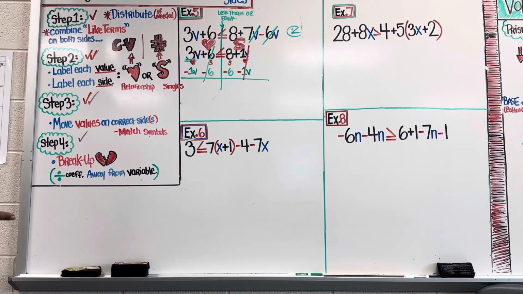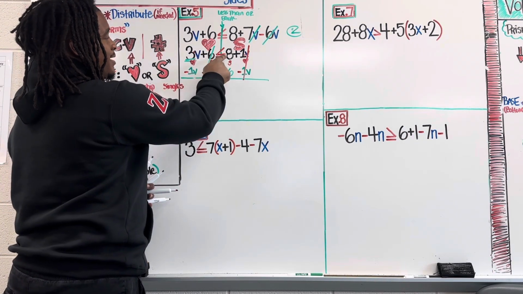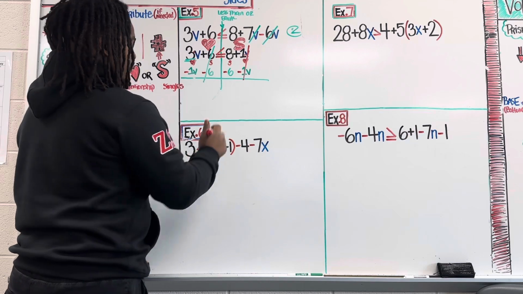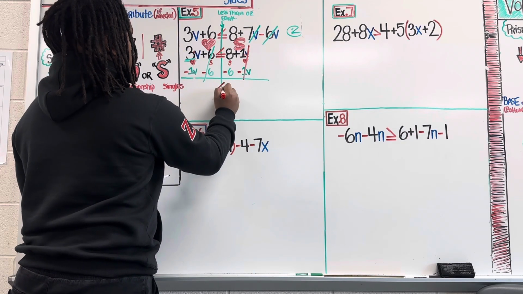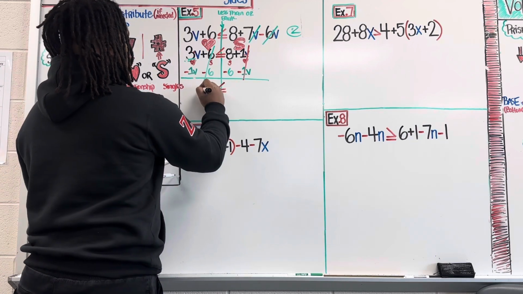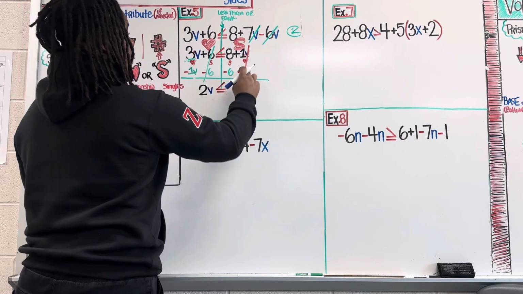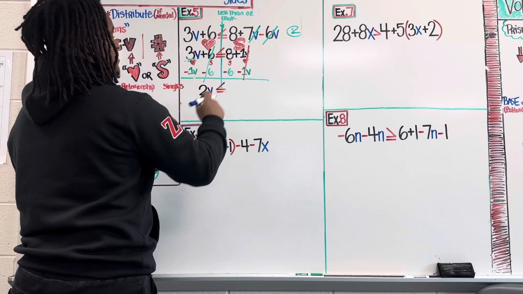All right, so now, guys, I just have these two simple operations: 3V minus 1V and 8 minus 6, all right? So I still have this inequality sign in the middle. So 3V minus 1V is 2V. All right, and then 8 minus 6 is 2.